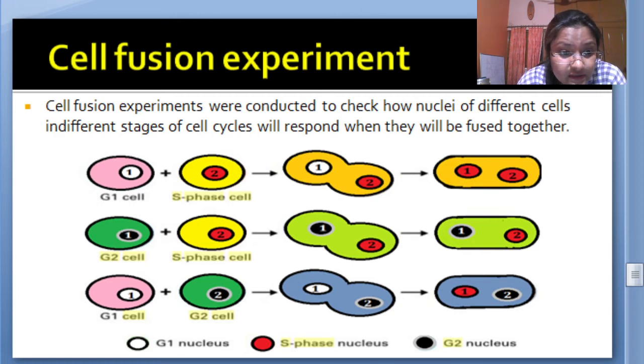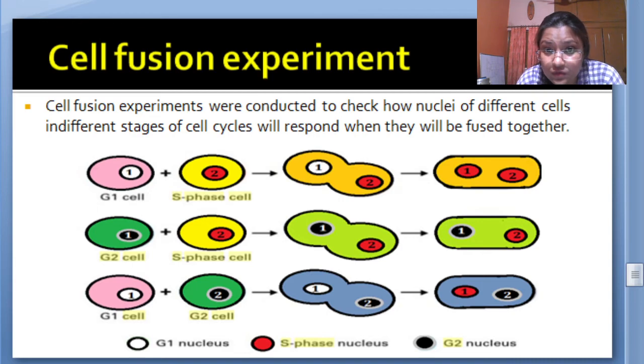I have shown here white color is the G1 phase nucleus, red color is the S phase nucleus, and black color is the G2 phase nucleus. But the G2 phase nucleus, which is in black color, did not change at all. It was still black in color, so it was still in the G2 phase.